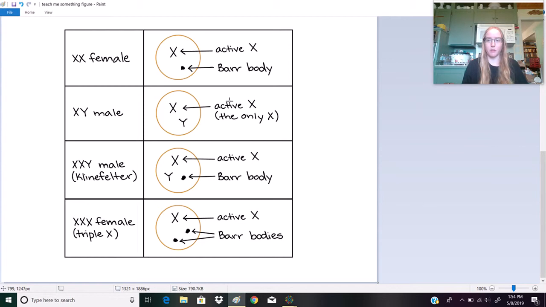Anywhere from 3 to 15% of the genes are still transcribed, and the presence or absence of these genes and how they interact with the pseudoautosomal regions is thought to be what causes the symptoms in individuals with sex chromosome aneuploidies, like Klinefelter's and Turner syndrome, which is where a woman has what's called an X0 genotype, meaning that she lacks a second X chromosome entirely, and so she lacks some of those genes that she would otherwise have.